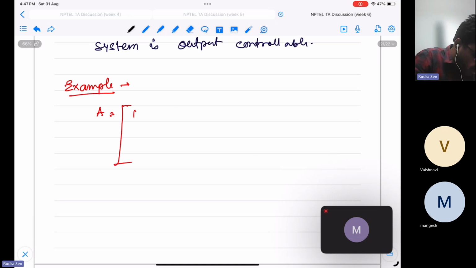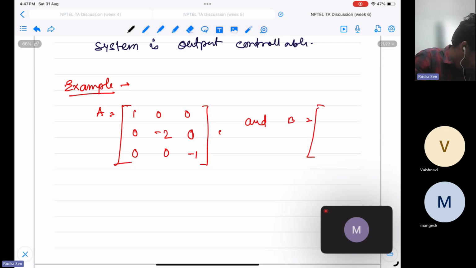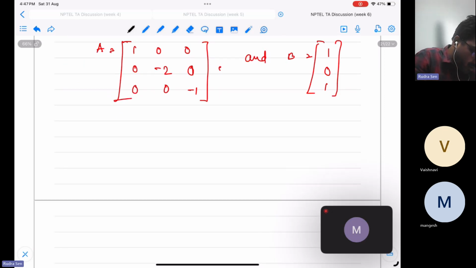So this is the system, and this is the B vector 1 0 1, and this is C, which is 1 1 0.